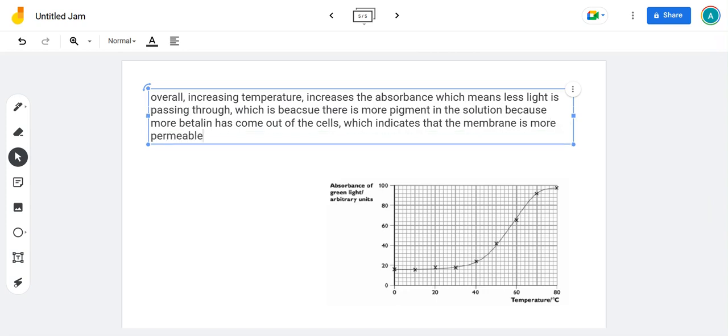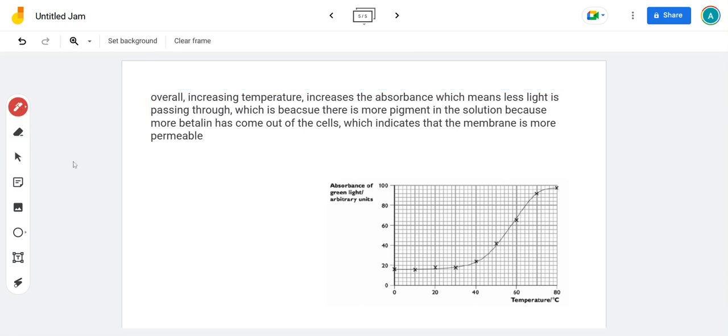Yeah, so let me just go through that again. So as the temperature is increasing, the permeability of the membrane is increasing and it's letting the pigment out. So if you imagine what's happening is, on a microscopic scale inside that cylinder of beetroot, we've got cells.